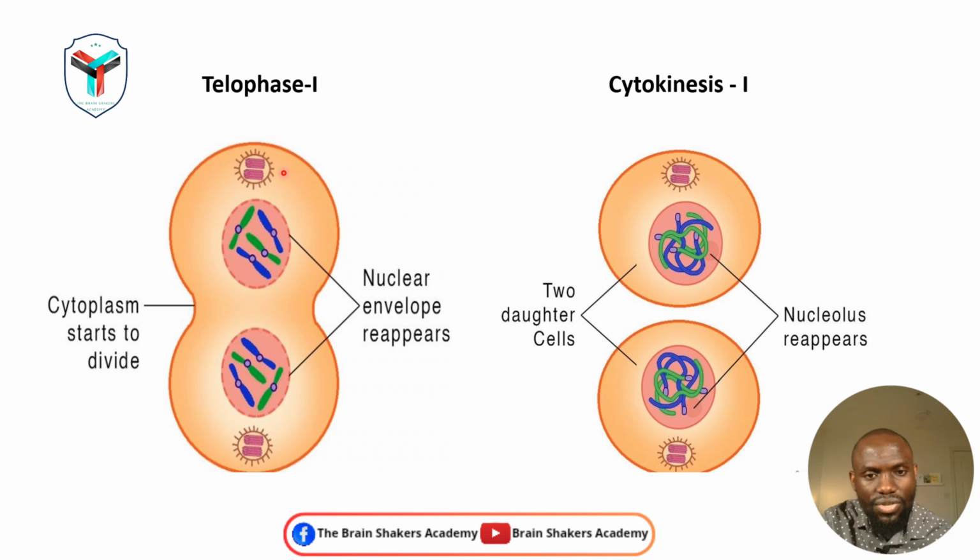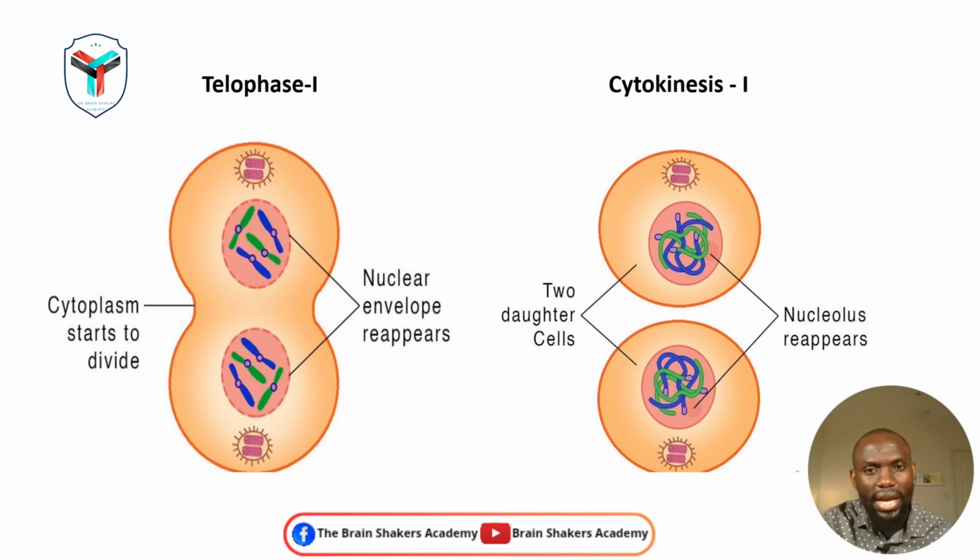You have your centrioles there that had moved with their asters to the poles, also surrounded and becoming the centrosome of that particular cell. Then the cell moves into cytokinesis 1, which just completes the process of dividing the cell in two by completely pinching the cytoplasm in the middle and separating it into two daughter cells.